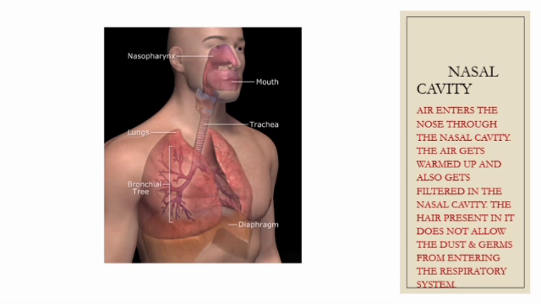The hair which is present in the nose does not allow any dust and germs to enter the respiratory system. So it is preventing the dust and germs from entering inside the respiratory system. So that is the function of the first part in the respiratory system, that is the nasal cavity.